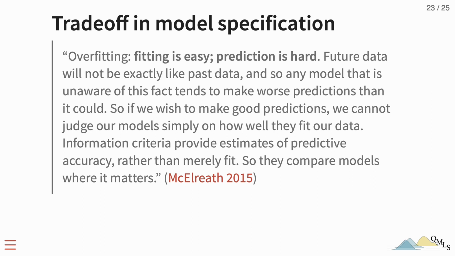This is a quote from McElreath. We won't read it to you. You can pause and read. But essentially the idea here is that fitting a model to your data is easy, but predicting out of sample is difficult. So you might imagine in the last example, you might collect a new hominin and add it to your data set, and if you have overfit your model, you won't predict that new observation very well.